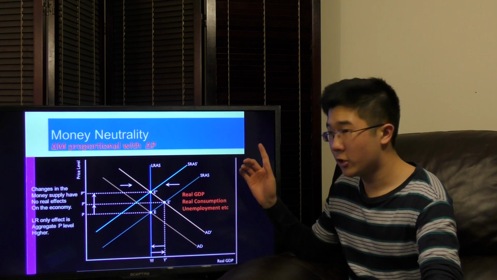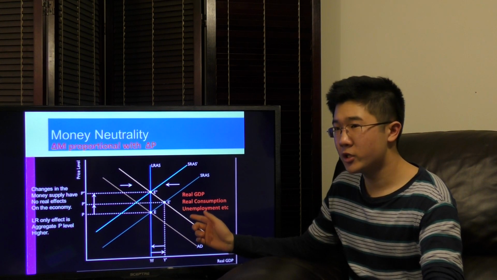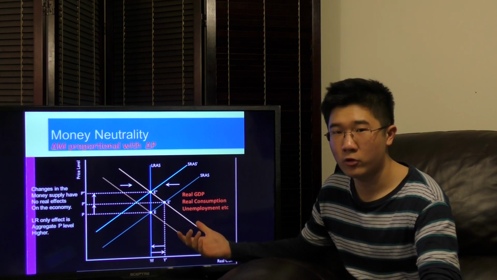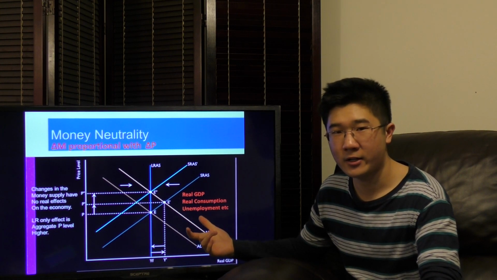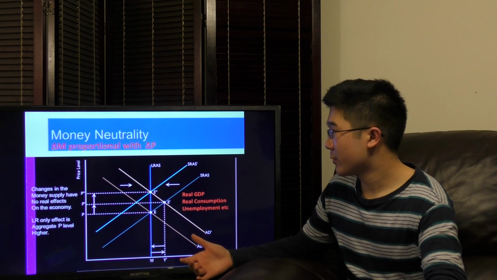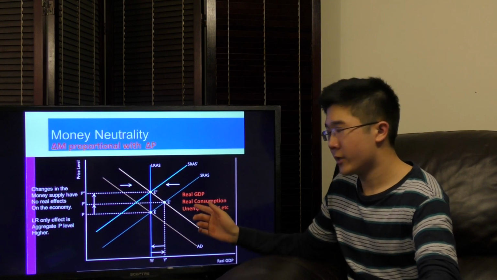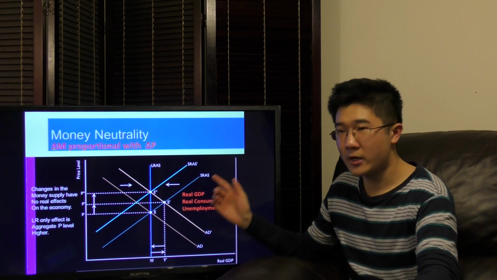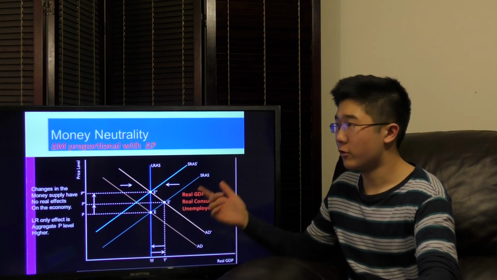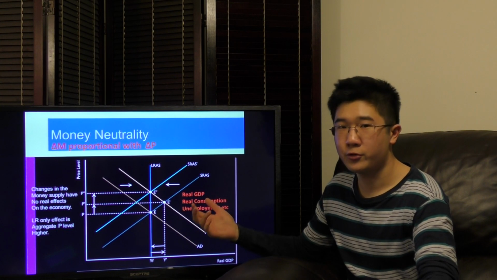So no effects on real GDP, no effects on real consumption, no effect on the unemployment rate, because these are all adjusted for, or not affected by, our price level. Our price level is the only thing affected in the long run by monetary policy. Our nominal GDP and nominal consumption increase because our price level changes with monetary policy, but the real values do not change.